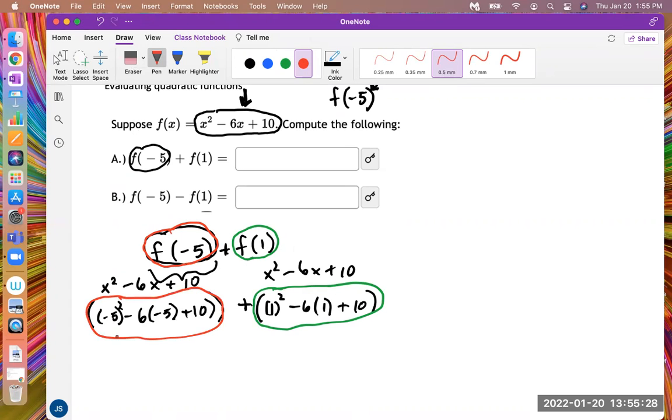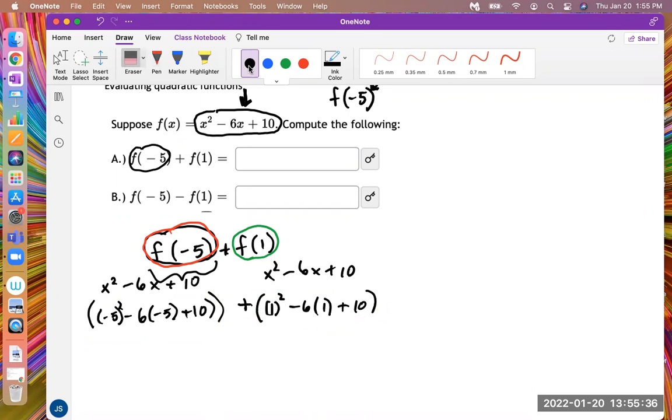Now all we have to do is follow order of operations and simplify, and we'll have our answer. We have to be very careful when we're doing these calculations, because there are a lot of mistakes we can make. We'll probably do a lot of arithmetic things in a row right here.